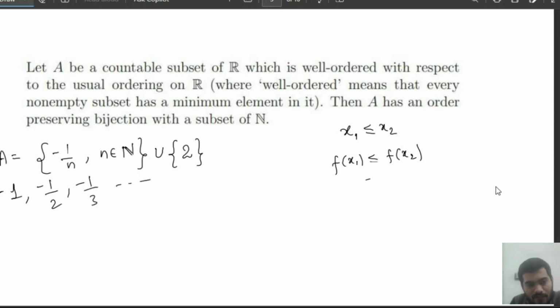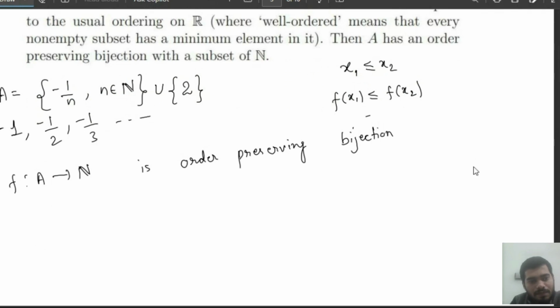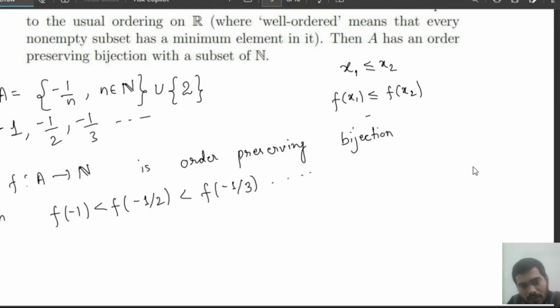So if f from A to N is an order preserving bijection, then this should be the case. Isn't it? Right?